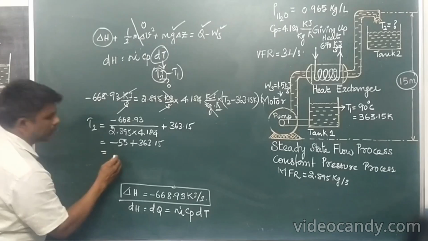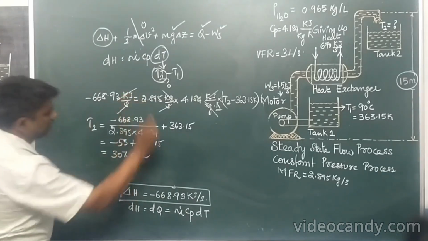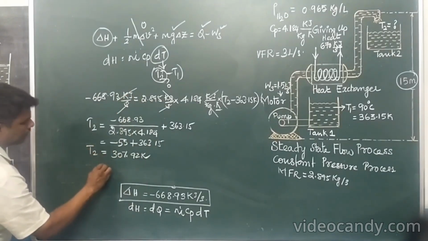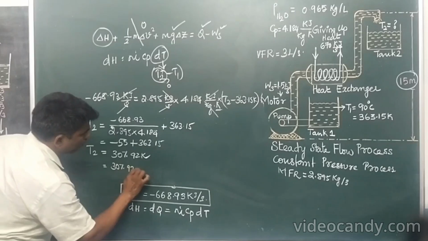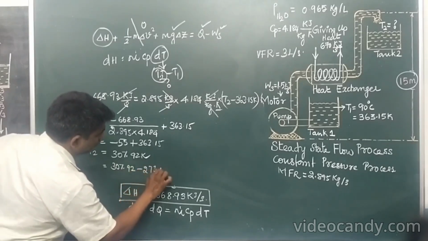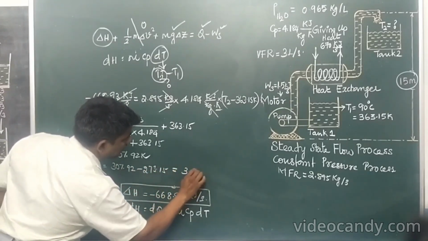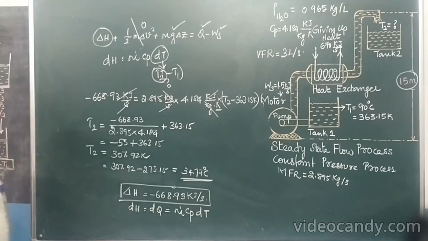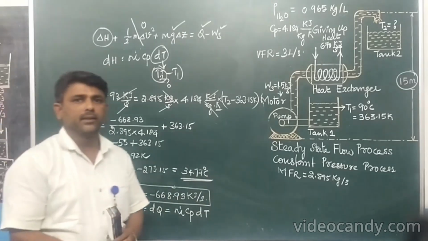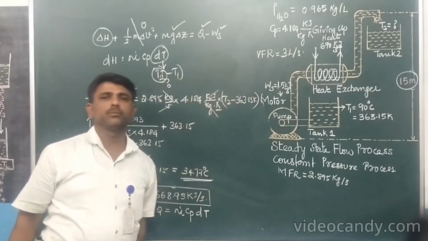The net answer becomes 307.92 degree Kelvin. In terms of degree Celsius, 307.92 minus 273.15 gives 34.77 degree Celsius. The final temperature is 34.77 degree Celsius, the temperature of water in tank 2. This is the problem. Thank you.